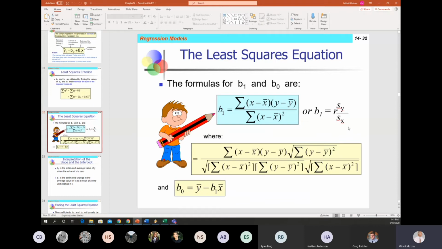Because the standard deviations are always positive, there is a relationship in direction between the coefficient of correlation and the regression coefficient. Meaning, if the relation is negative, the coefficient of correlation will be negative, and then the regression coefficient also will be negative.